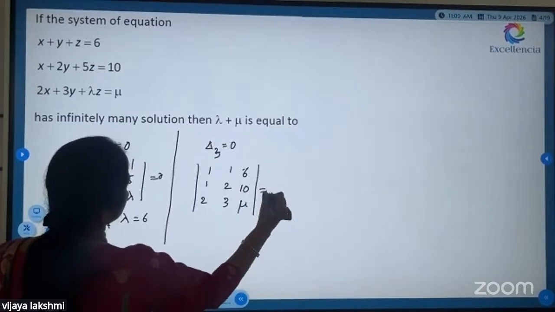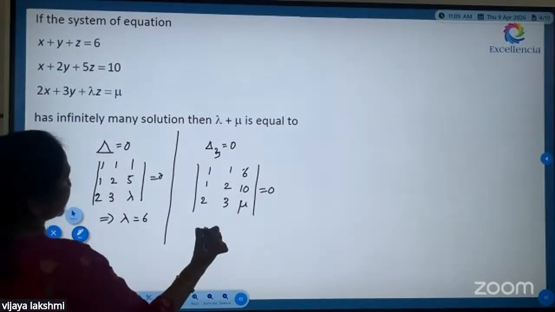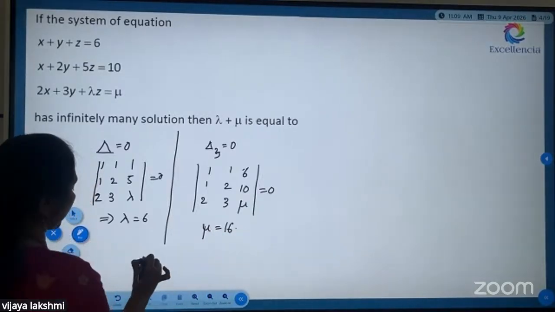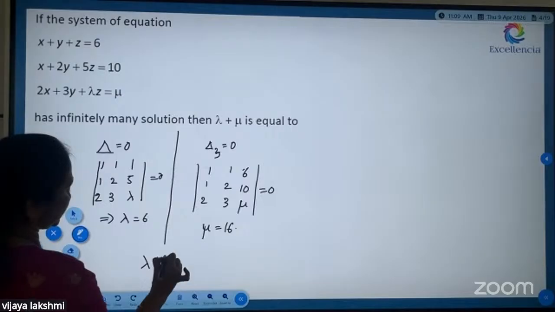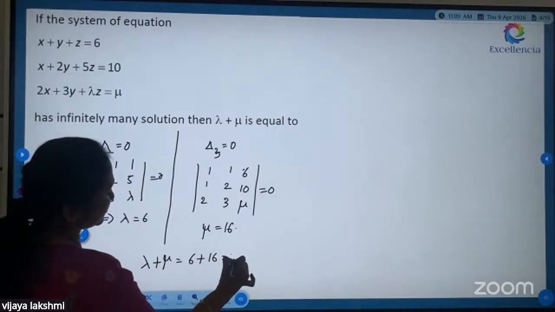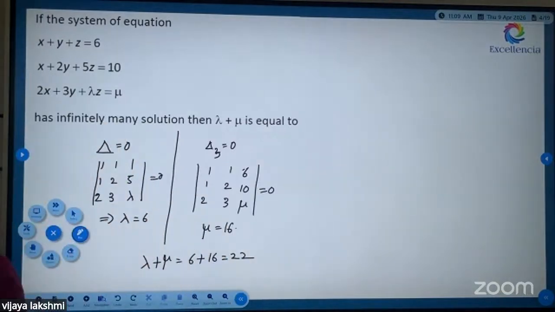Expand it, and we get mu equal to 16. They are asking us to find lambda plus mu, that is 6 plus 16, which gives us 22. That's the answer.